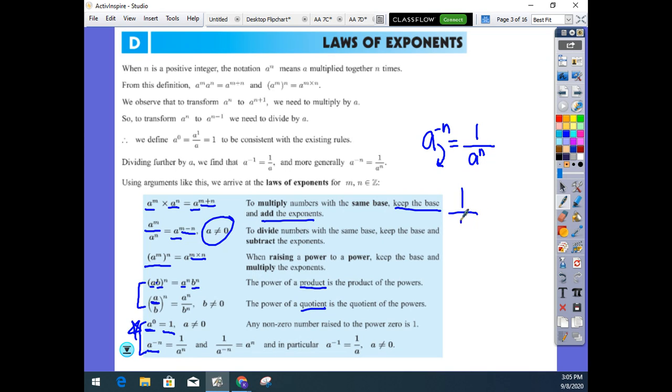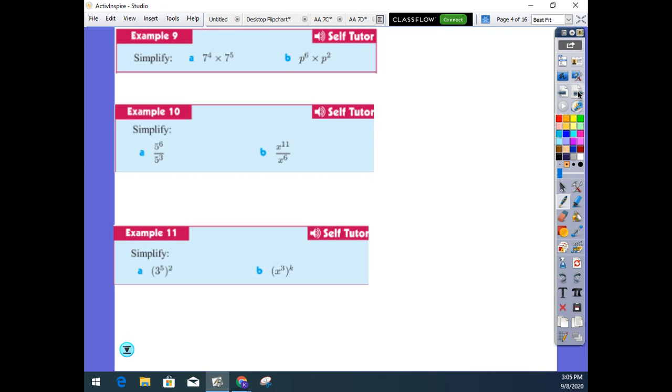Also, if it's negative in the bottom, I can move it to the top, and the exponent becomes positive. So a negative exponent either moves it to the bottom to become positive or moves it to the top to become positive. So let's see some of that in action.